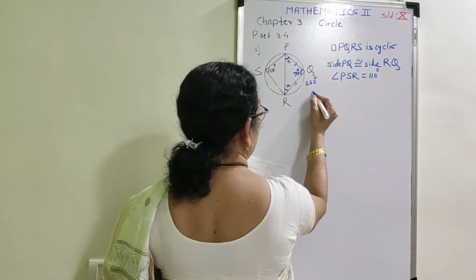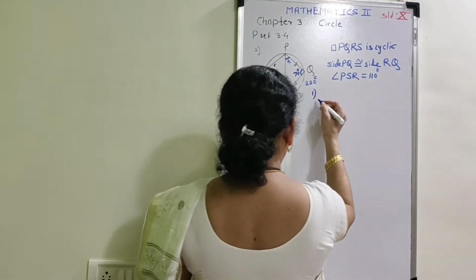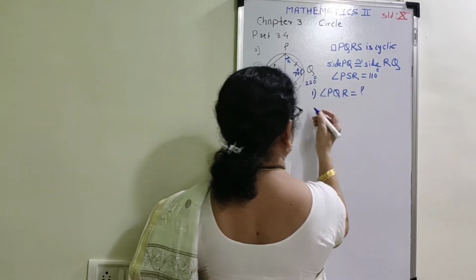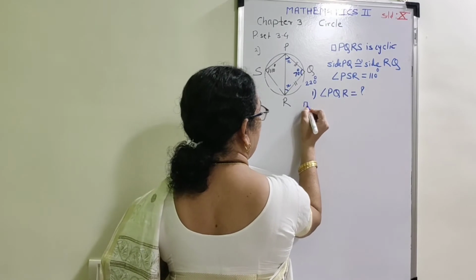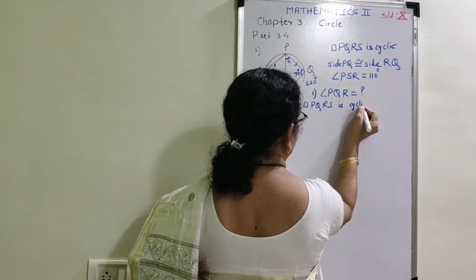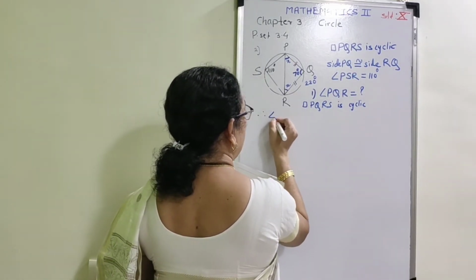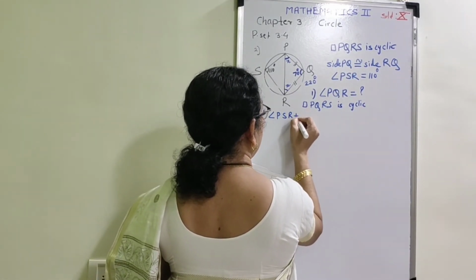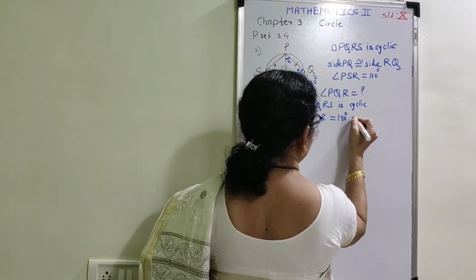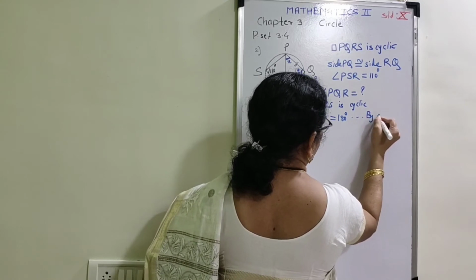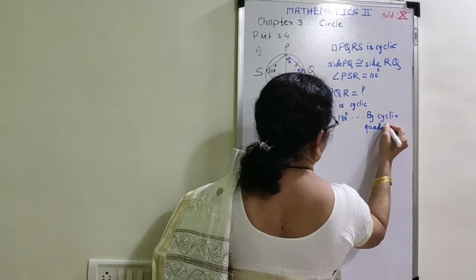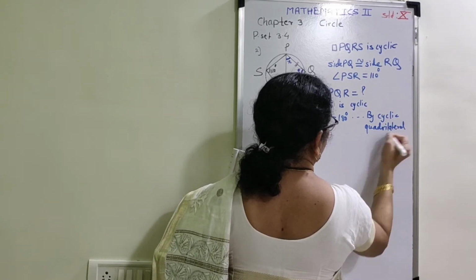The first question given is measure of angle PQR. Write the first step. Quadrilateral PQRS is cyclic. Therefore, angle PSR plus angle PQR is equal to 180 degree by cyclic quadrilateral theorem.